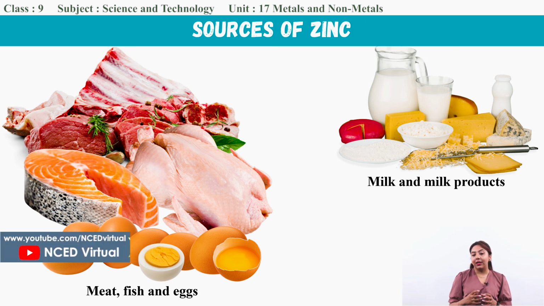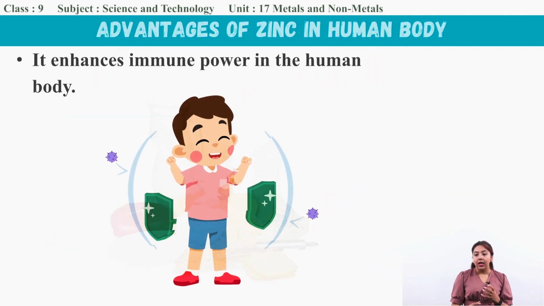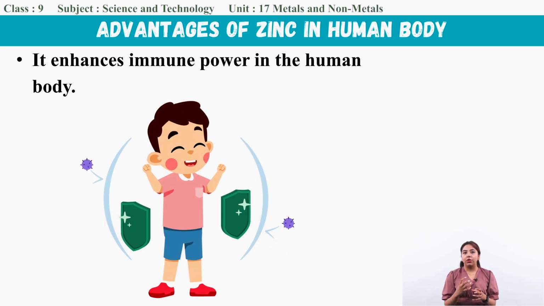Now these are the sources of zinc, and zinc in our body has many advantages. Zinc helps in the production of antibodies in our body, and antibodies fight against foreign harmful organisms that try to enter inside our body.